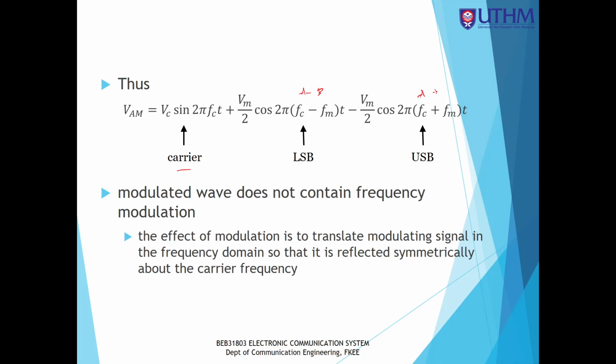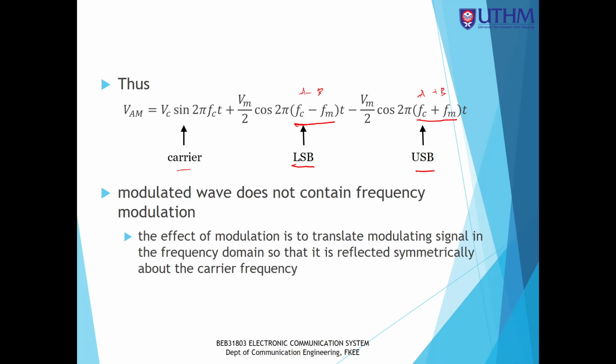This is A plus B. So from here, this one is the low frequency signal because you subtract. This is the lower sideband, and we have another one at the higher frequency, fc plus fm, which is what we call the upper sideband.